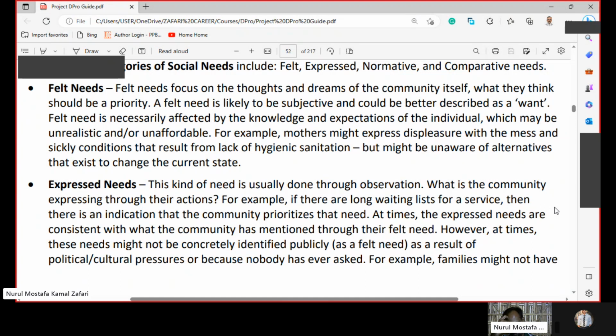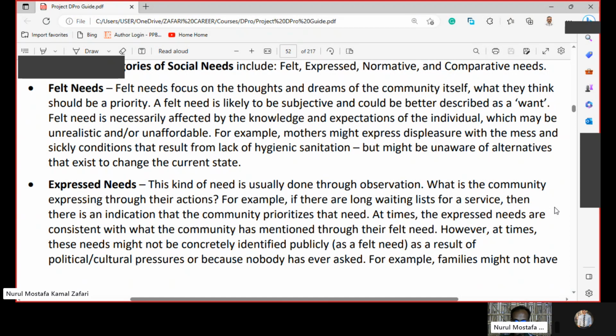At times, the expressed needs are consistent with what the community has mentioned through their felt need. However, at times, these needs might not be concretely identified publicly as a felt need as a result of political or cultural pressures, or because nobody has ever asked.